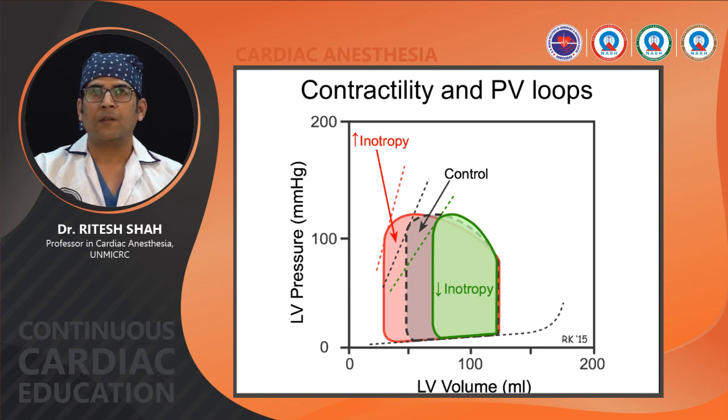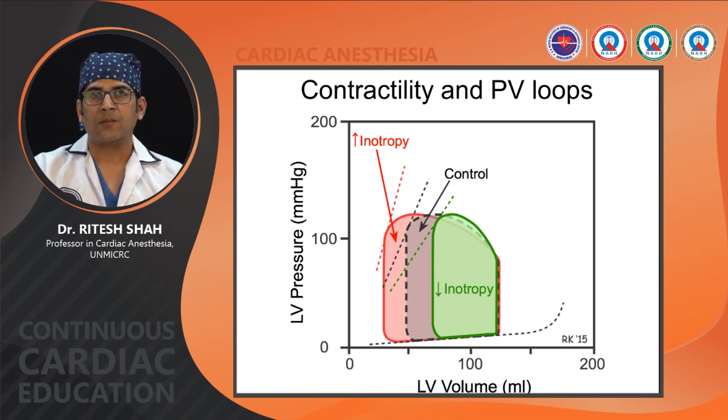Now what happens when preload and afterload don't change and contractility changes? Whenever contractility is increased, it increases the force of contraction of the heart and empties it better at the same preload and afterload, due to the force-velocity relationship. So end systolic volume reduces when contractility is increased, and therefore stroke volume increases.